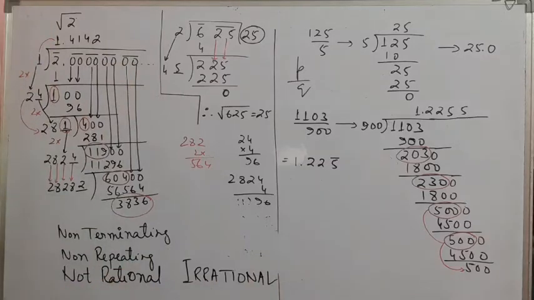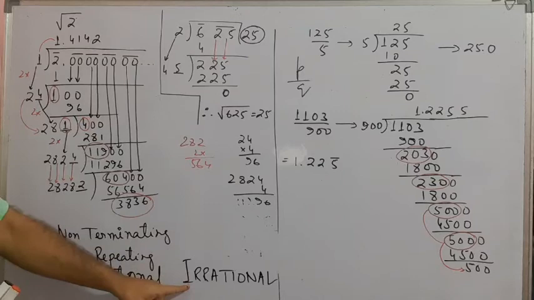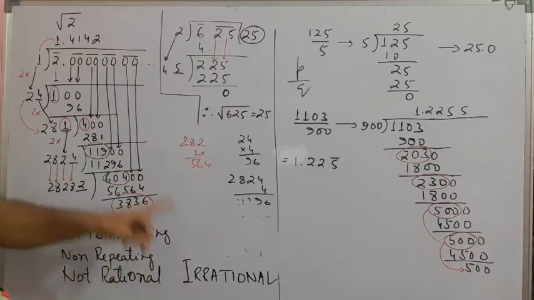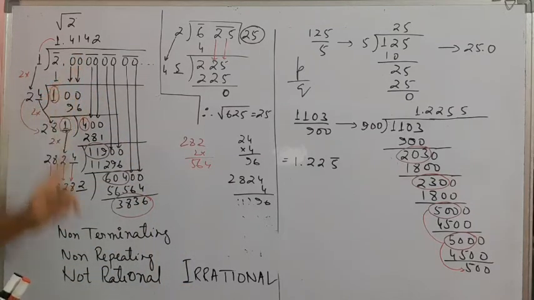So it is an irrational number. What is the definition of an irrational number? A number is irrational if the decimal expansion of the number is non-terminating and non-repeating.